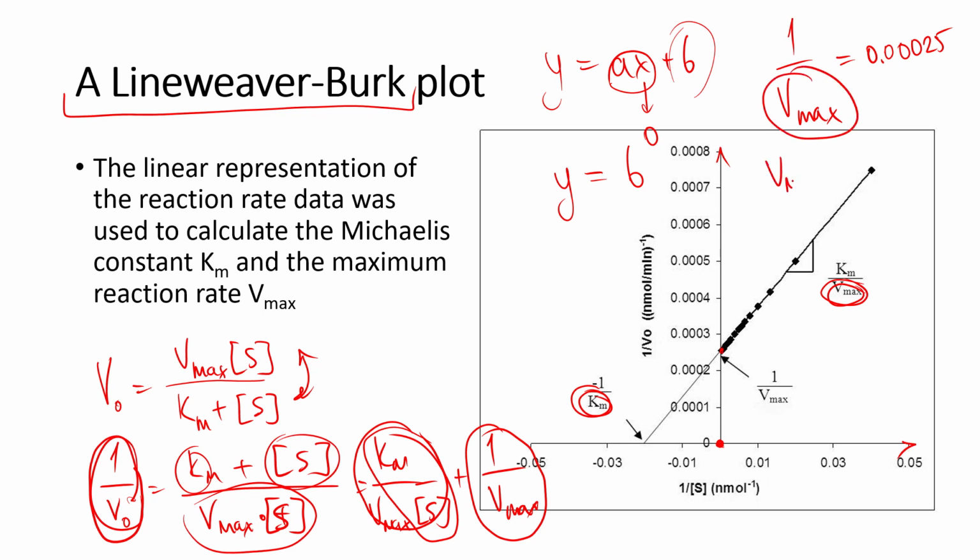It would be equal to 1 over 0.0025, which is 1 divided by 25, so it is 4,000 nanomoles per minute. Okay, so we've got our Vmax.